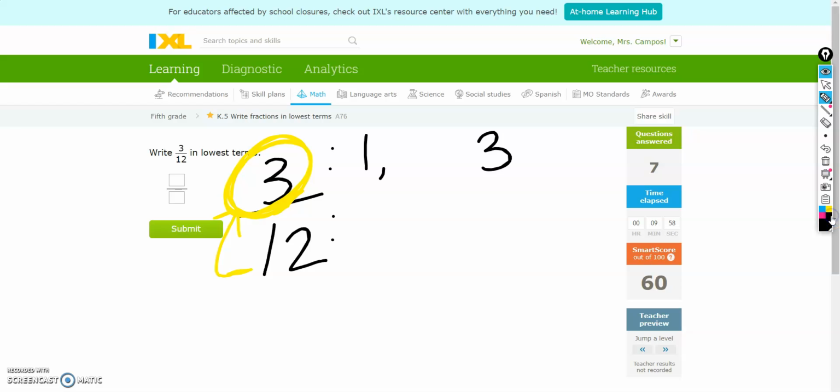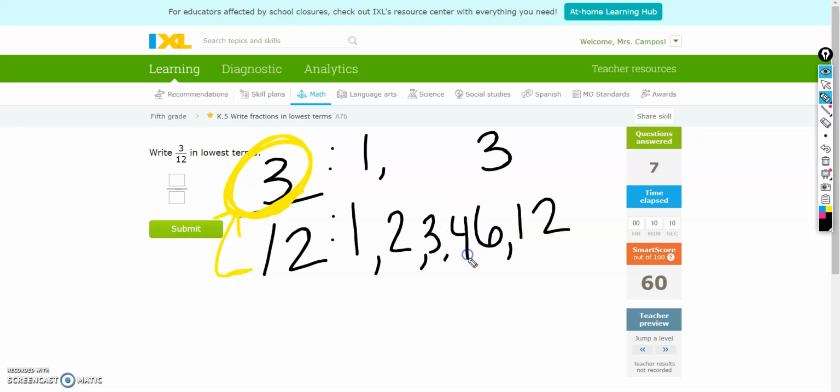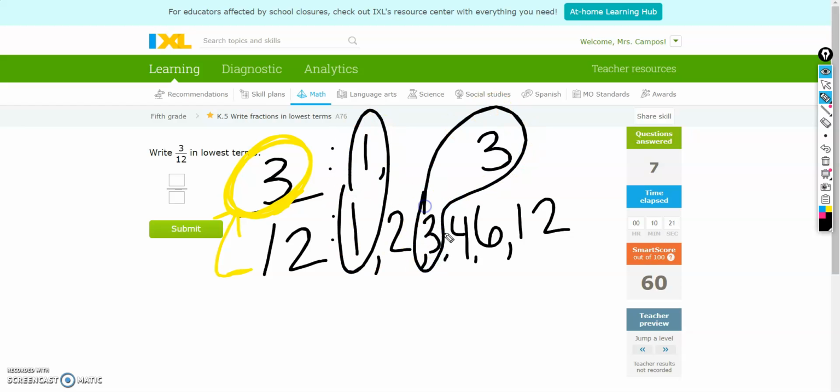So I'm going to still go ahead and do all of the factoring. So 12, I have 1 and 12, 2 and 6, 3 times 4, and now I'm to the other side because there's no numbers between 3 and 4. So 1 is in common, 3 is in common, and that is all.